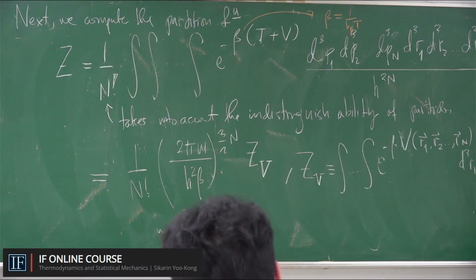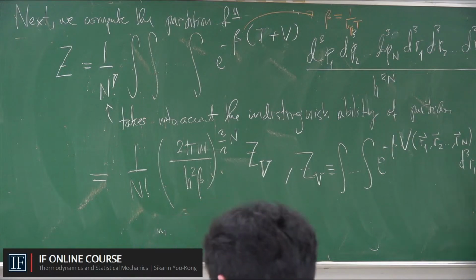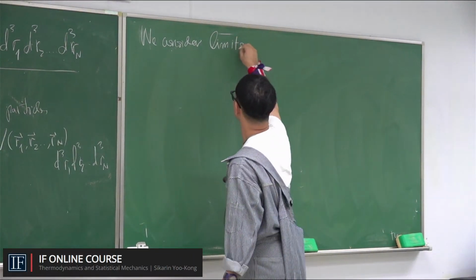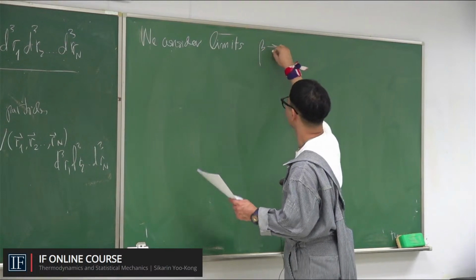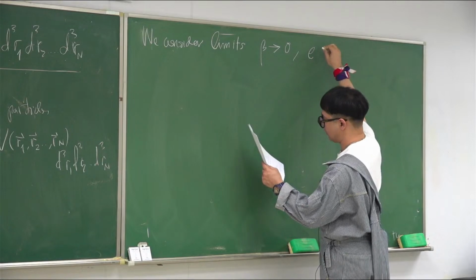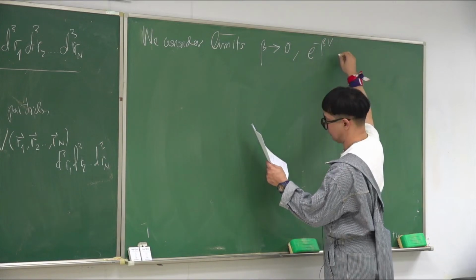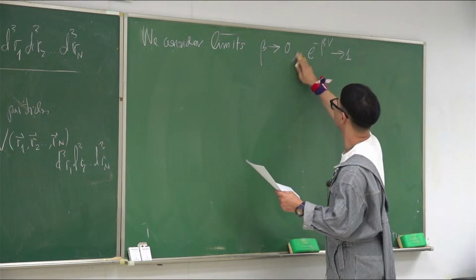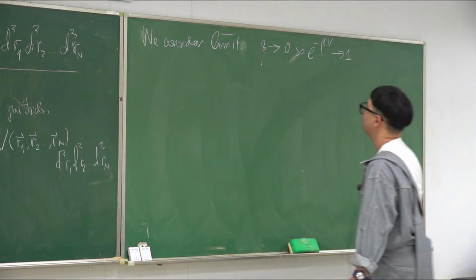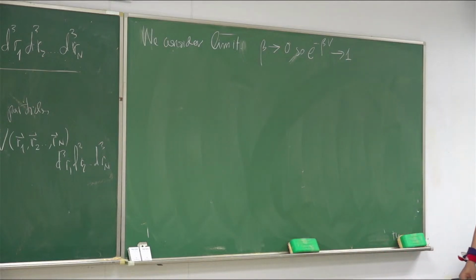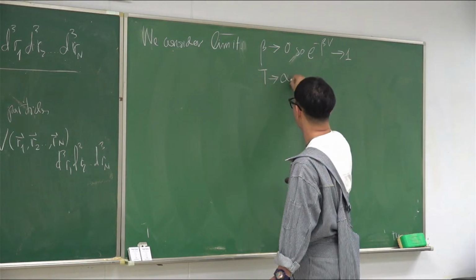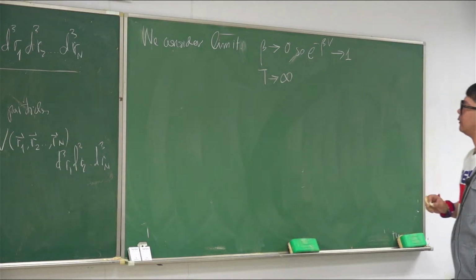So we now consider the limit right here. If we took beta to be 0, what does it mean? It means that your temperature is very high, right?